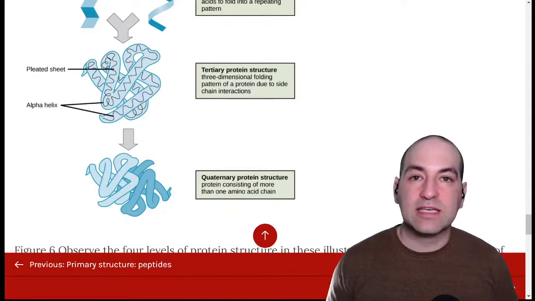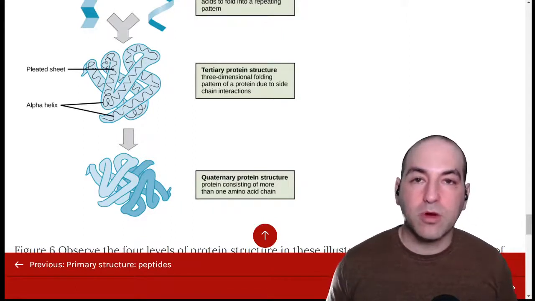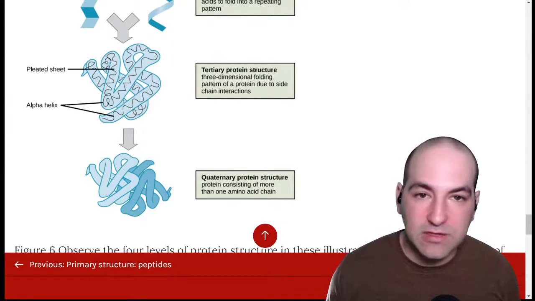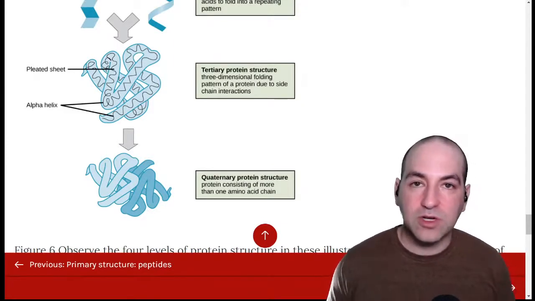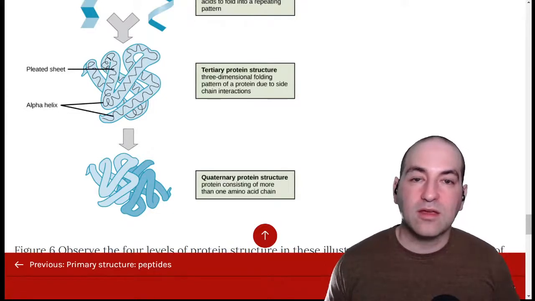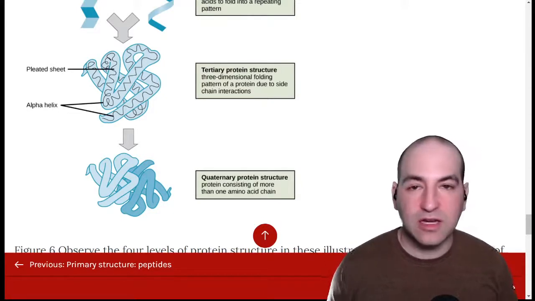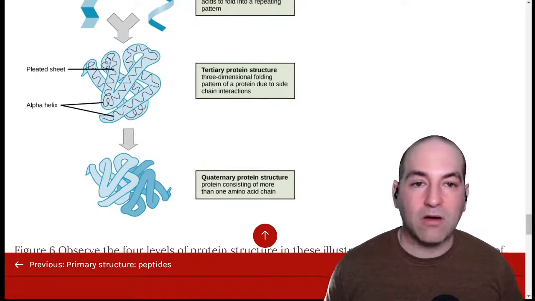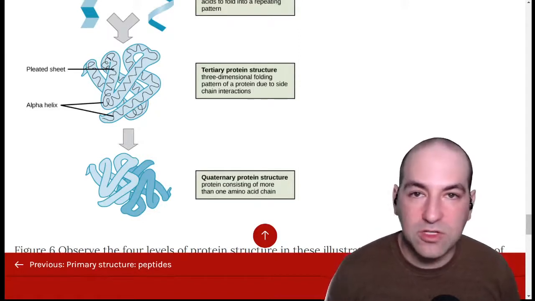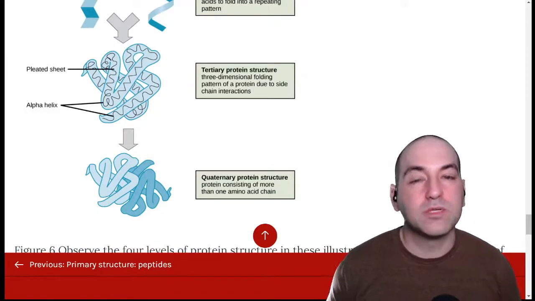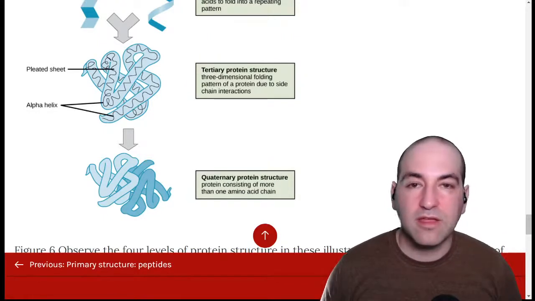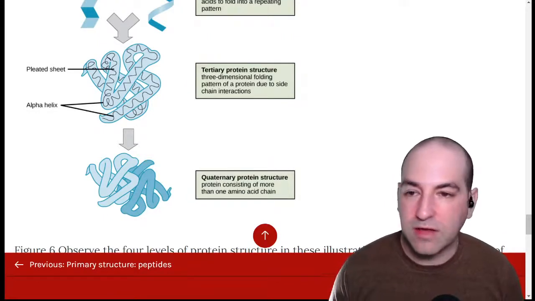Then the amino acids link together to form the protein. If we're just talking about the sequence of amino acids, that's the primary structure. If we're talking about the helix and the sheet, that's the secondary structure. If we're talking about how it all folds onto itself, that's the tertiary structure. And if we're talking about how multiple chains come together, that's the quaternary structure, the fourth level.